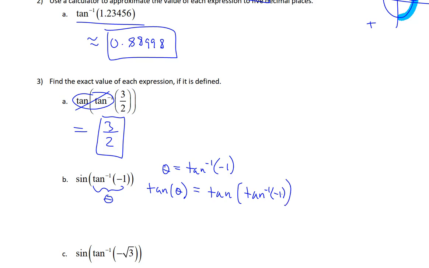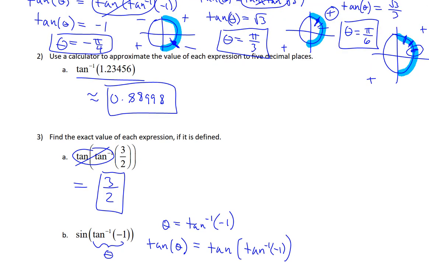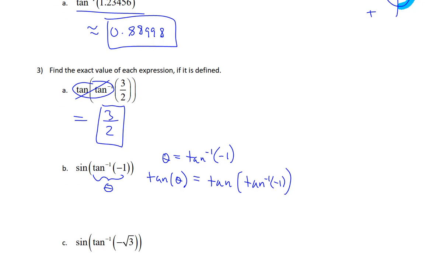So this actually resembles fairly closely what we were doing in our first example set above. And when I do this, using the cancellation property, the tangent of tangent inverse cancel, which means we really have the tangent of theta on the left side equals, the only thing left on the right side, -1.